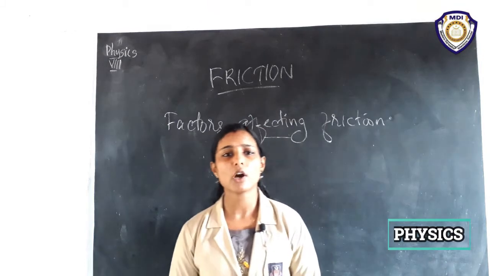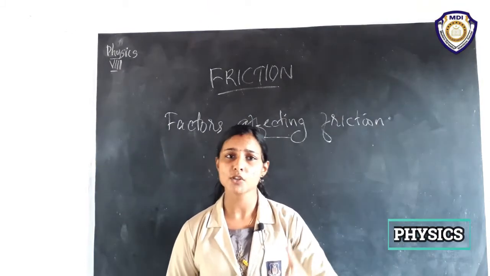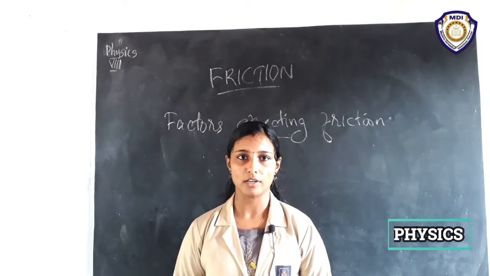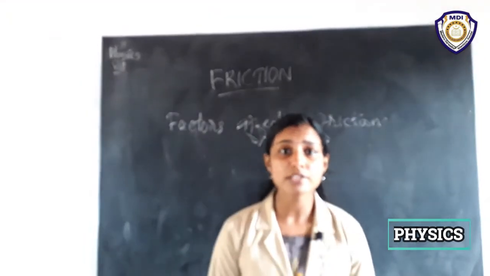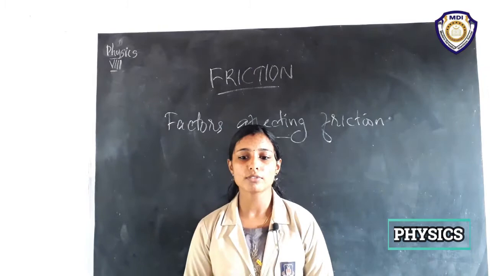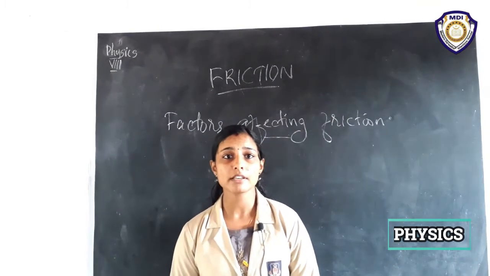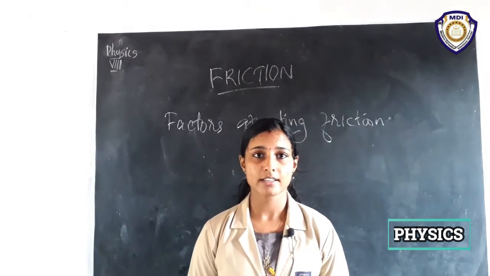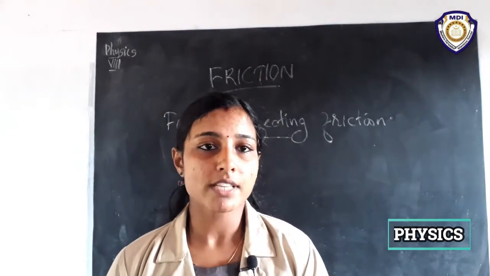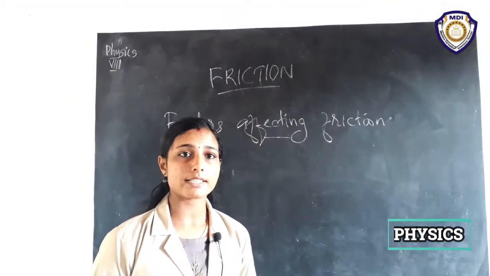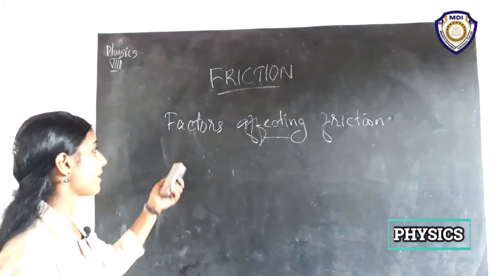If you have a spring balance, you can do this activity on your own, right? So what does this activity tell us? The roughness or smoothness of the surface determines how friction acts, right? So the smoothness of the surface in contact is a factor that affects friction.